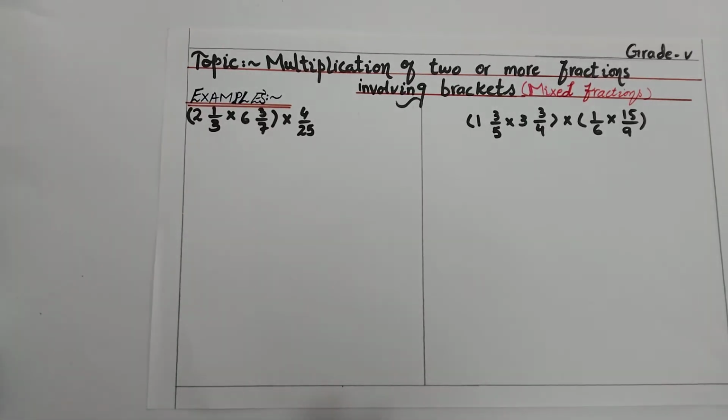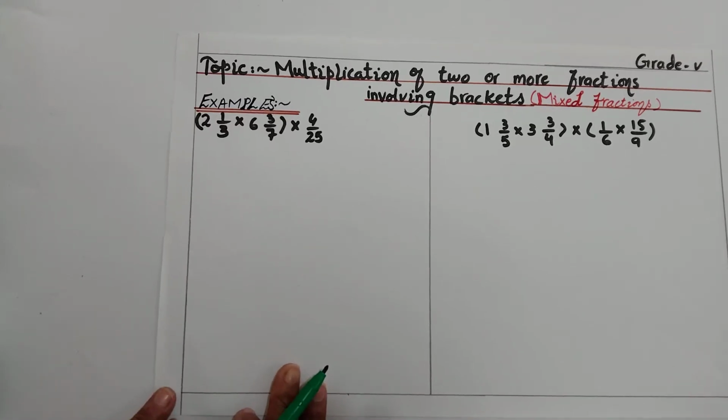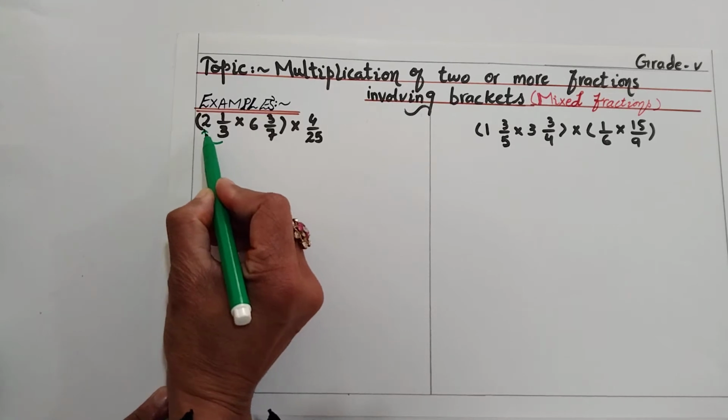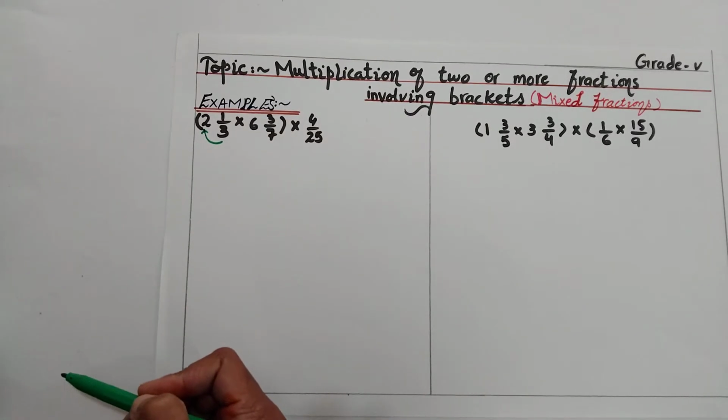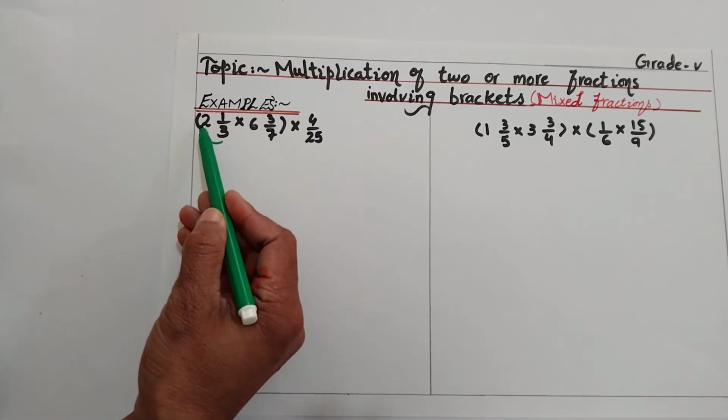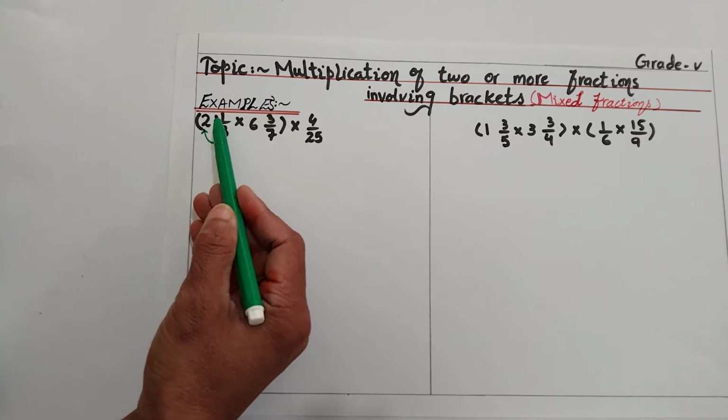You should know how to convert, how to simplify the mixed fraction. The denominator will be multiplied with the whole number, and then the answer will be added to the numerator.